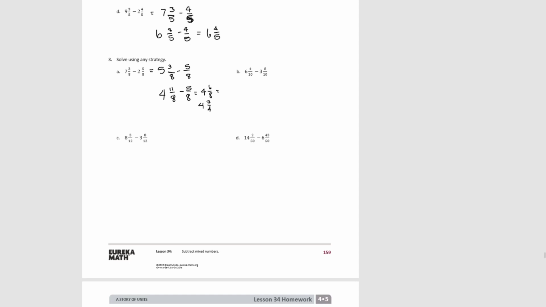Try B. Subtract the 1s. Decompose 3 4/10 to 2. 10/10 plus 4/10 is 14/10. Minus 8/10 would be 2 6/10, which simplifies to 2 3/5.